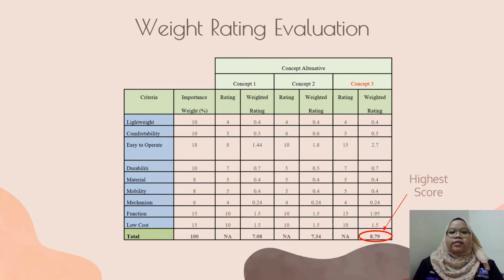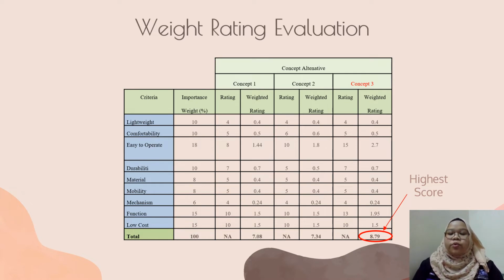Okay, this is the weight rating evaluation. From the design concepts, we evaluate every criterion that could be evaluated, such as lightweight, comfortability, easy to operate, durability, material, mobility, mechanism, function, and cost. From this evaluation, we found that concept 3 got the higher score.